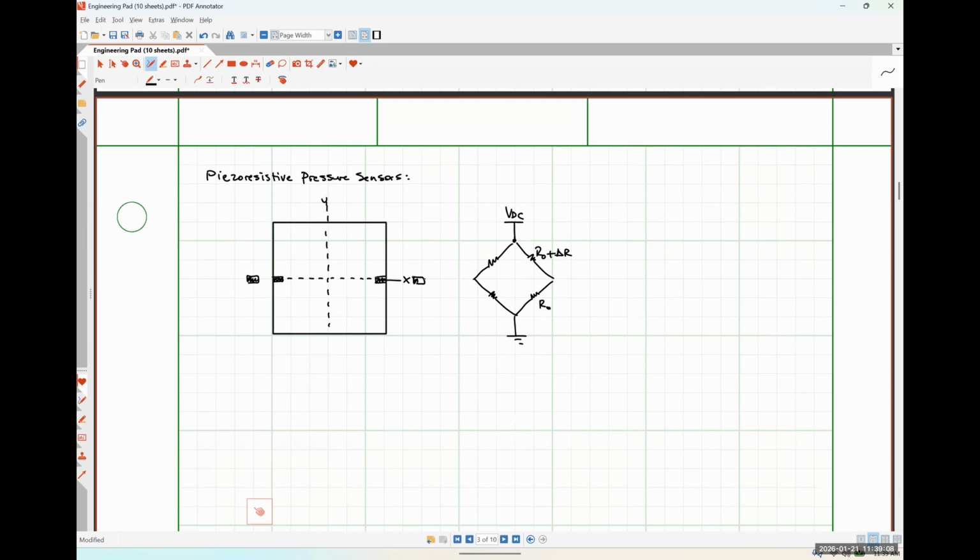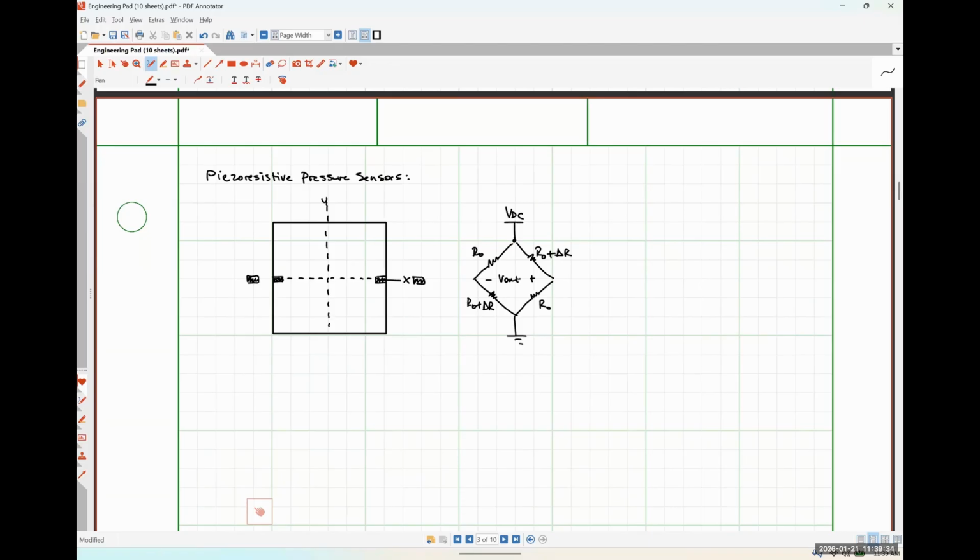We might put another one over here, serving as a second reference resistor, and we configure it in this Wheatstone bridge configuration. We're going to work an example problem here in a moment to show that we can get an electrical signal out of this thing if our electrical signal is just measured across those 2 points.